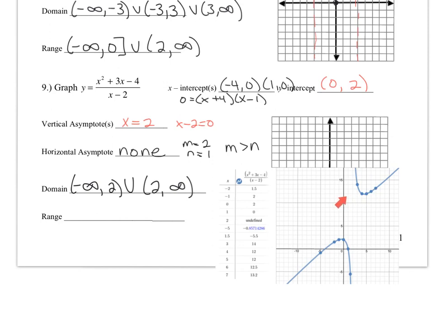Now in Desmos, you can see that all these points are above 12 on the y-axis. So you are going to have to zoom out or change your window in your graphing calculator. Don't forget when you hit the zoom button and the number 3 for zoom out, you do have to hit enter to execute that zoom out.